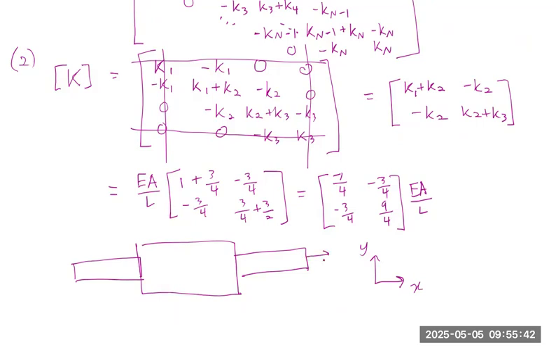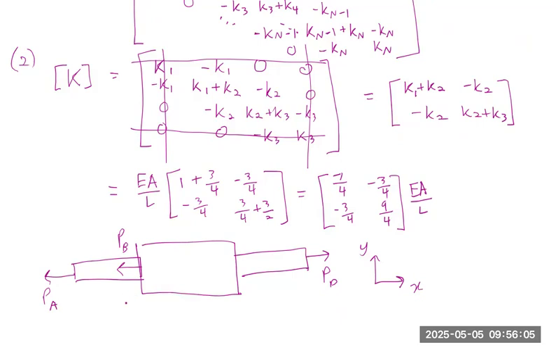So intuitively, PD will be pointing to the right, and PA will be pointing to the left. And these are our reaction forces at each of those points. We have a force PB applied at node 2.